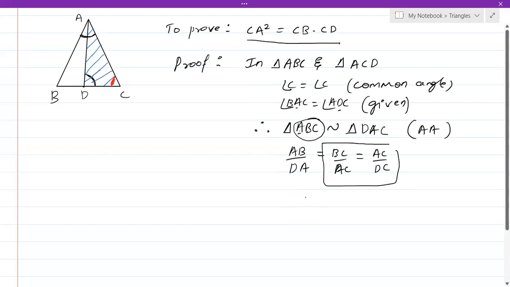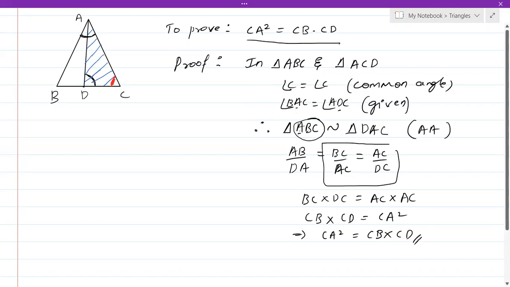So, if you cross multiply BC into DC, which is equal to AC into AC. AC into AC is AC square, or I can also write it as CA square. That will equal to BC can be written as CB, DC can be written as CD. Therefore, let's write it in reverse order. CA square is equal to CB into CD. That's how we have proved it.